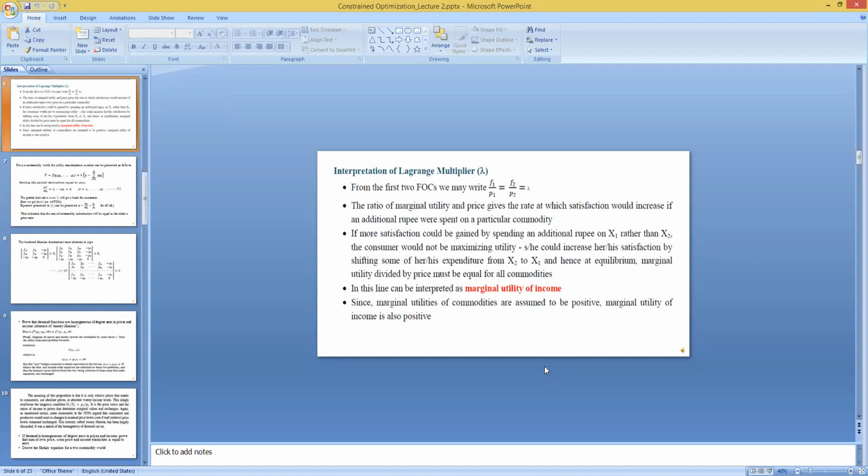So it is some kind of quantification of our satisfaction. In this context, that is when we discuss the ordinary demand curve or the Marshallian demand curve, lambda is interpreted as the marginal utility of income.